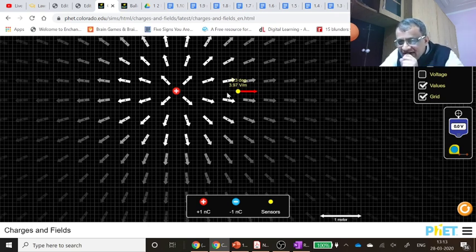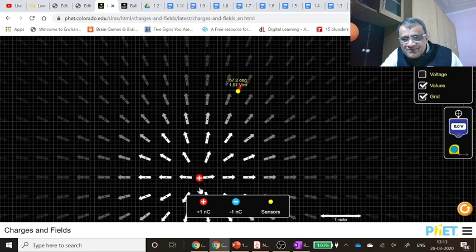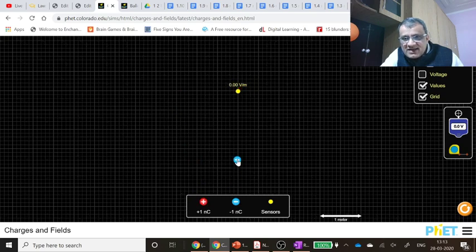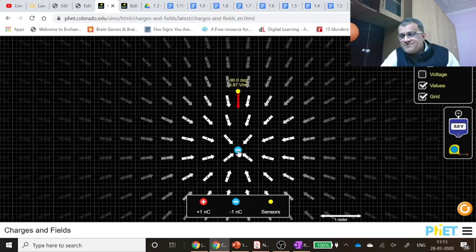What is the direction of field? It is towards the right because from a positive charge it is away. Now I am removing this positive charge and I am placing a negative charge here. The direction of electric field, very much expected, is towards the negative charge, it is down.